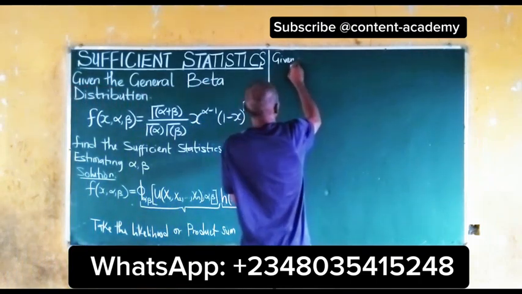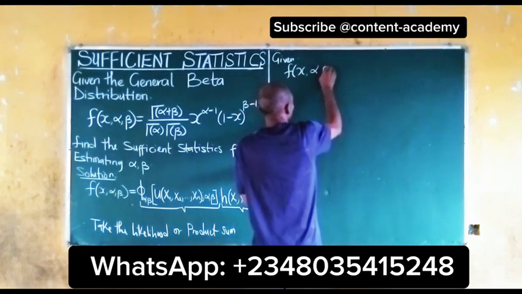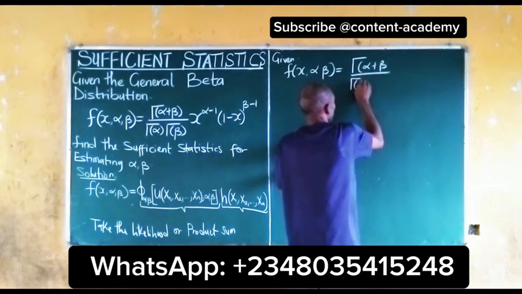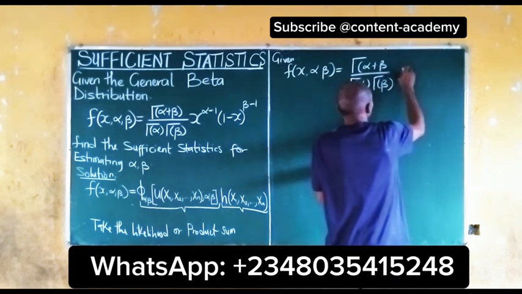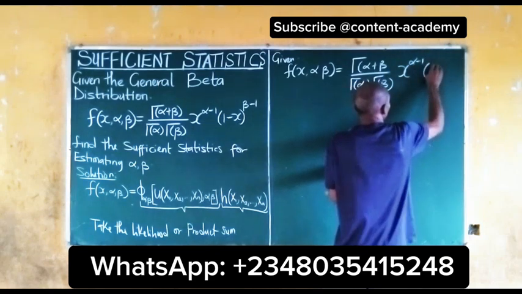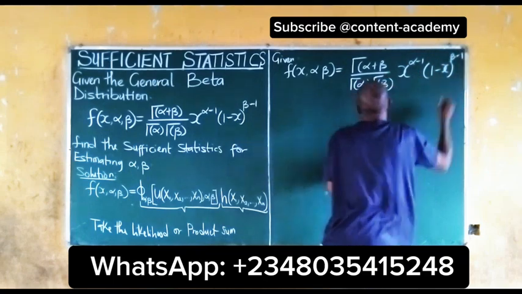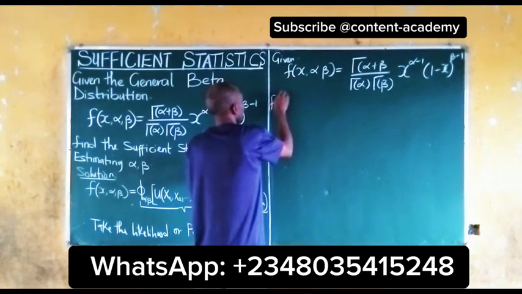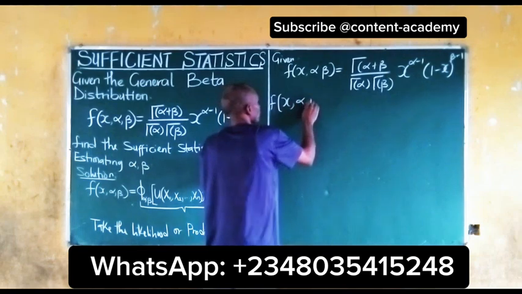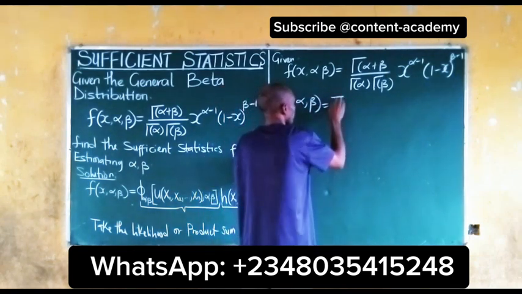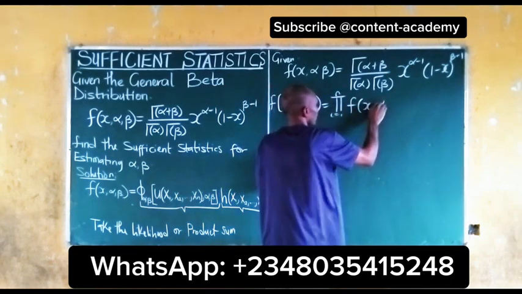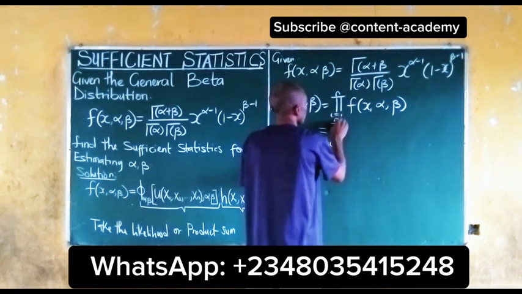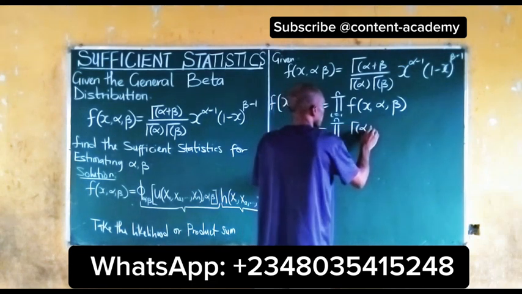So if we are given f of x, alpha, beta to be equal to gamma of alpha plus beta all over gamma alpha gamma beta, times x to the alpha minus 1 and 1 minus x to the beta minus 1, we take the likelihood function of the given function.